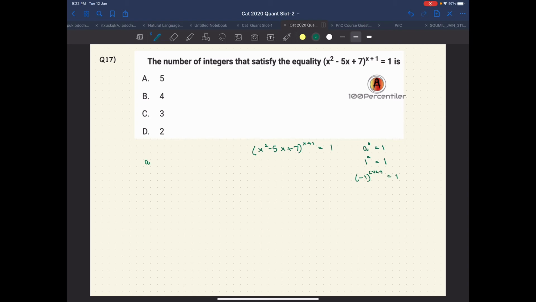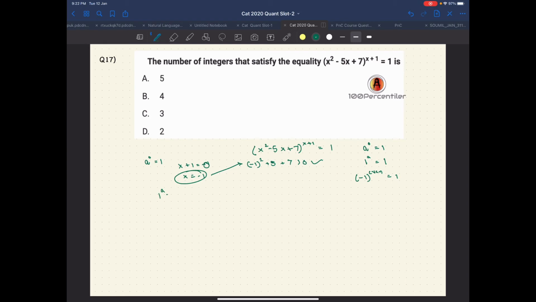So first, looking at the case, a raised to power 0 equal to 1, x plus 1 is 0, so x is minus 1. Checking the base as well, minus 1 square plus 5 plus 7, this is greater than 0, so this is fine. So one of the answers is x equal to minus 1, that satisfies it.